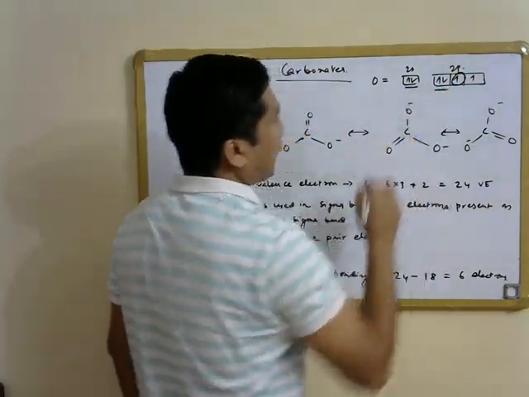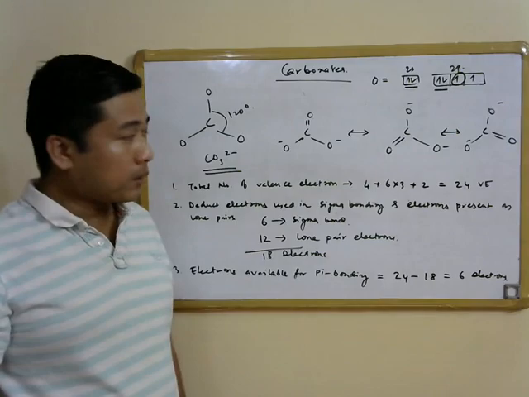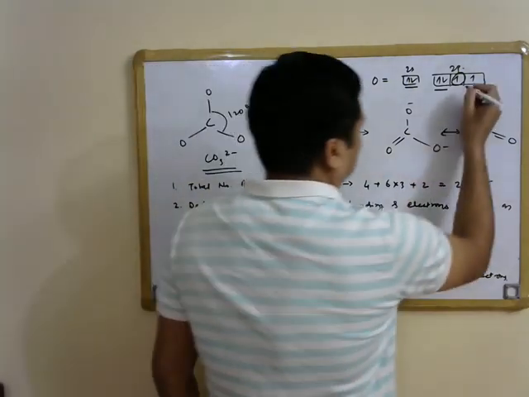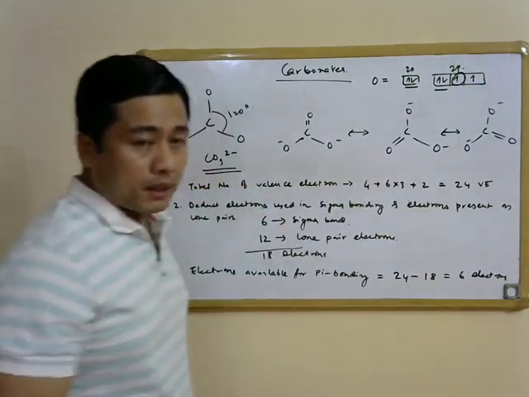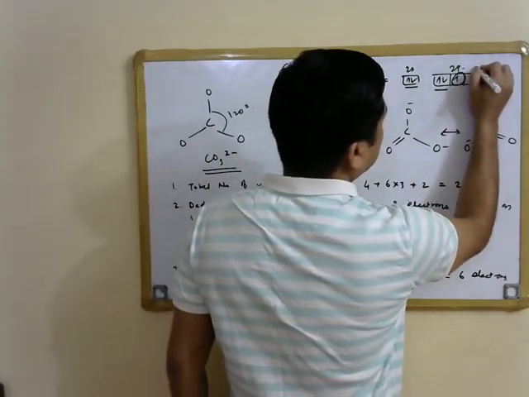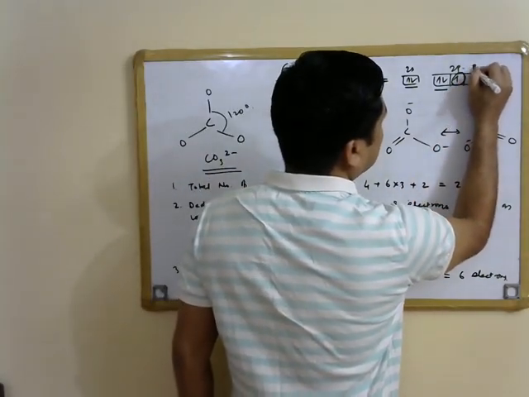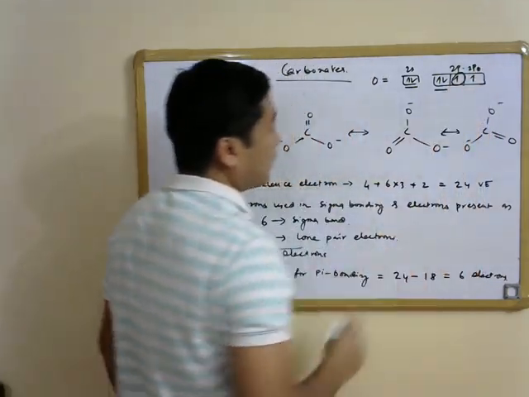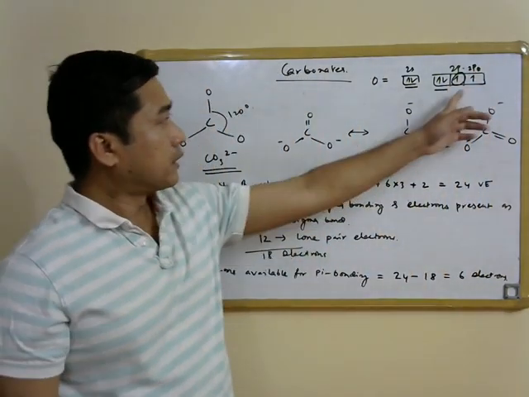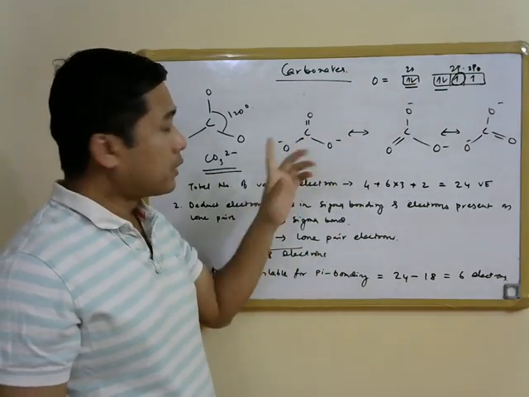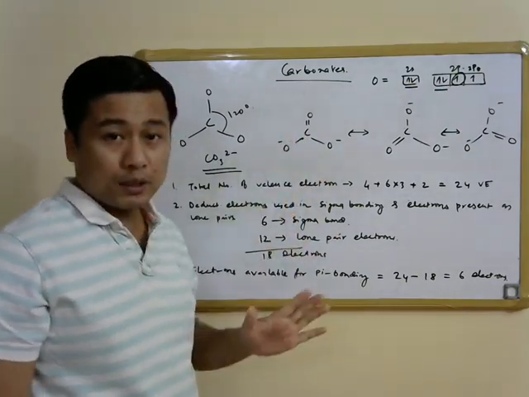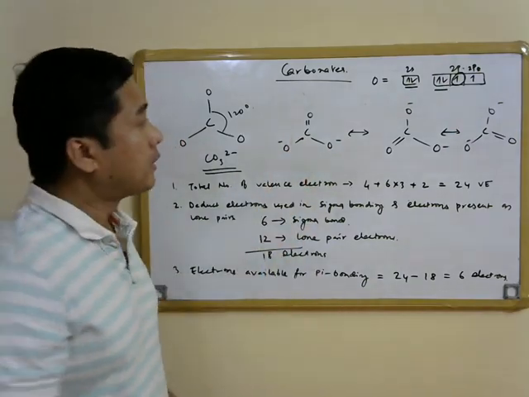These two electron pairs are present as lone pairs, while this electron is in a p orbital, so let's assume it to be the 2pz orbital, so that it is in good symmetry to form a pi bond with the unhybridized 2pz orbital present on the carbon atom here.